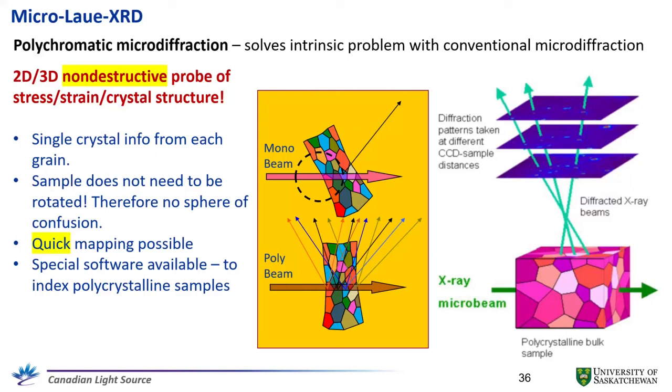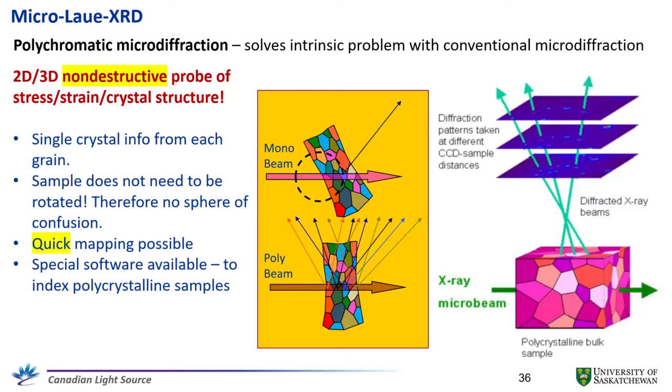For micro Laue, you use a white beam or polychromatic beam, and there are a lot of Laue patterns from each individual grain. So how do you know which pattern is from which grain?